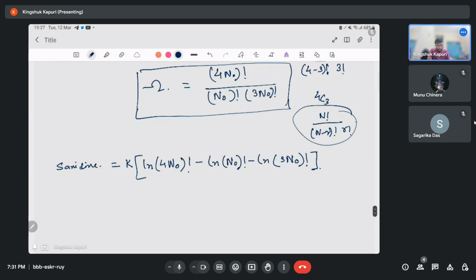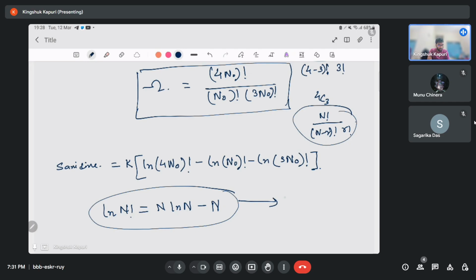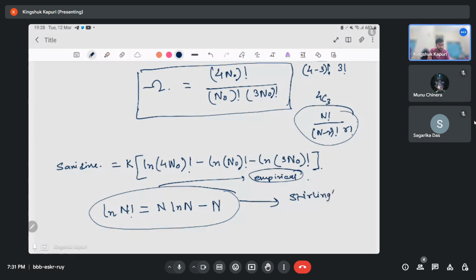There is an approximation in mathematical thermodynamics: ln of n factorial equals n ln n minus n. This approximation is completely empirical, mathematical. You have to remember this. This is called Stirling's approximation.